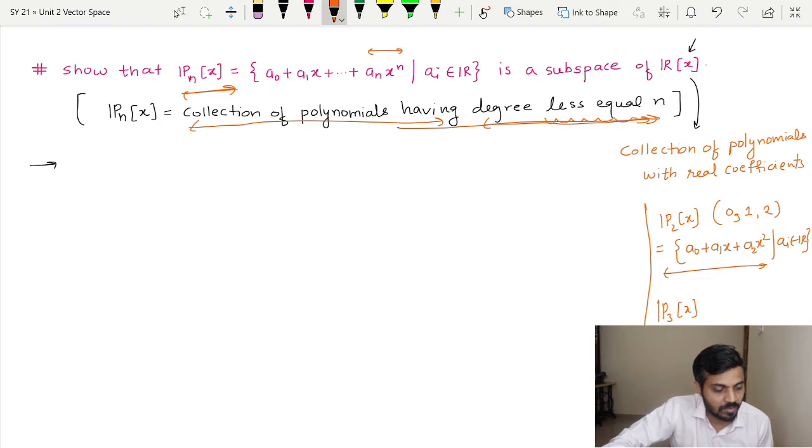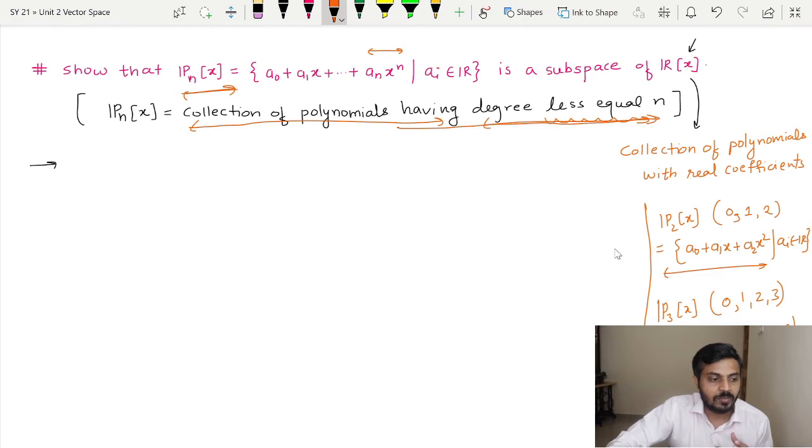It will be a0 plus a1x plus a2x square plus a3x cube, such that each ai belongs to R. Now P3 of x is going to contain polynomials of degree 0, 1, 2 and 3. So this P3 of x is not going to contain polynomials of degree 4, I mean x raised to 4. Such polynomials will not be there in P3 of x.